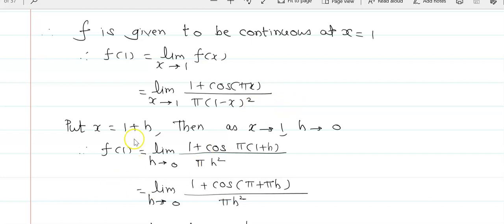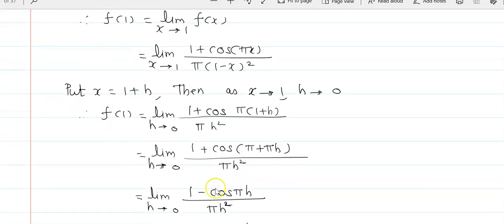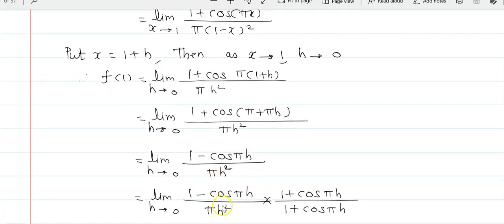Put x equals 1 plus h. As x tends to 1, h tends to 0. Limit f(1) equals limit h tends to 0 of (1 plus cos pi(1 plus h)) upon pi h square. But cos of (pi plus pi h) is minus cos pi h, upon pi h square. Multiply numerator and denominator by 1 plus cos pi h.